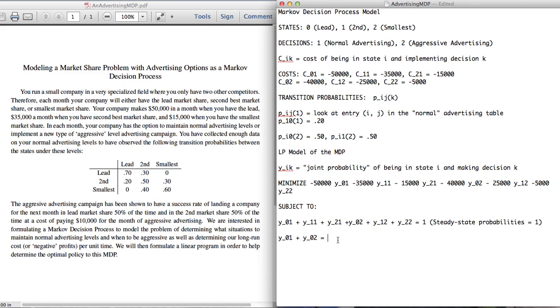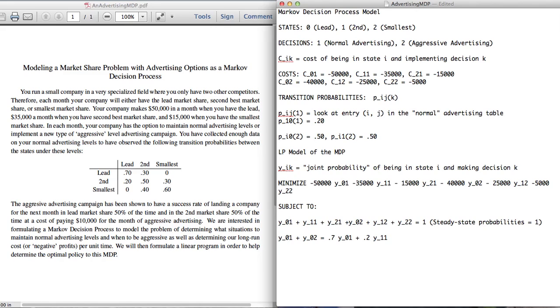So our first couple of ways to get to state 0 are 0.7 times being in state 0 and implementing decision 1, and then 0.2 times being in state 1 and choosing option 1 as well.